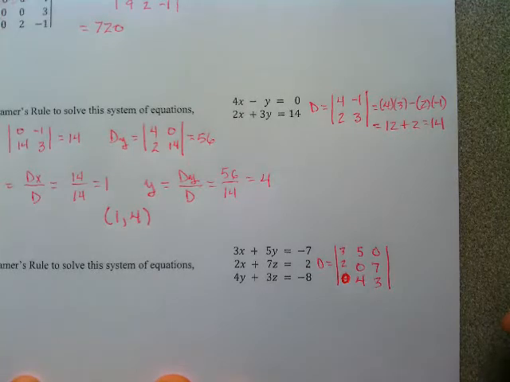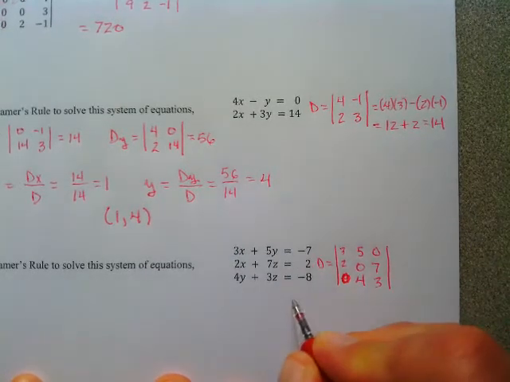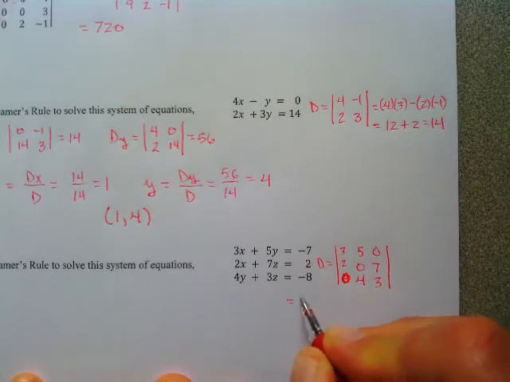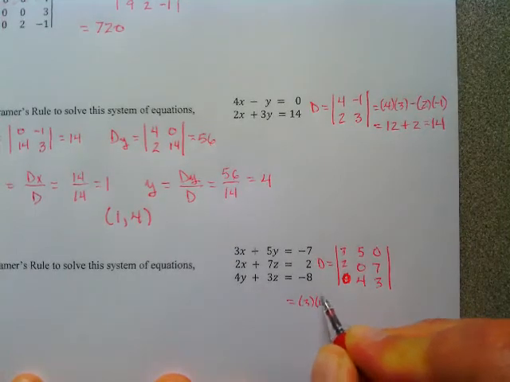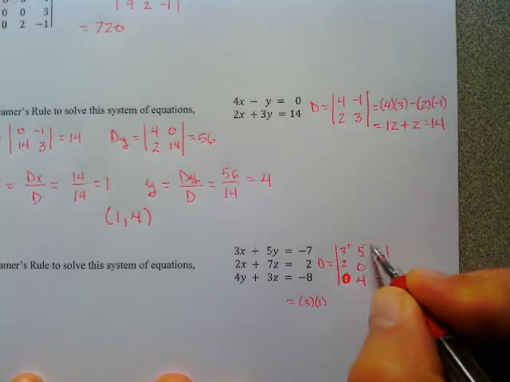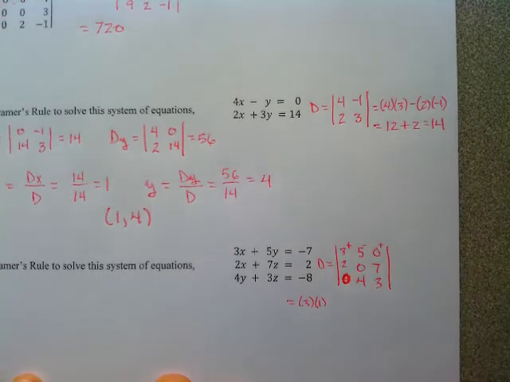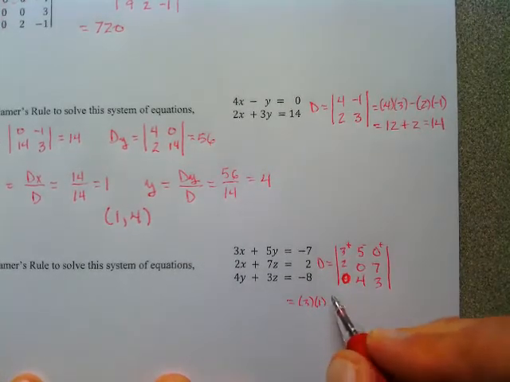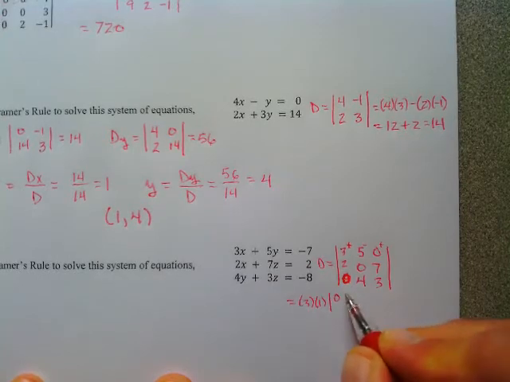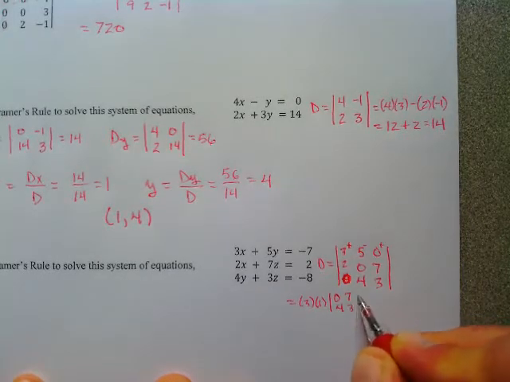Alright, so let's see, we could do the top column first. That one's easy enough. So that's going to equal 3 times a positive 1, because remember, plus, minus, plus pattern. And that's going to be times 0.743.